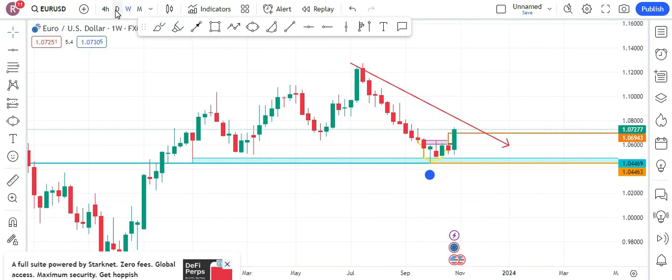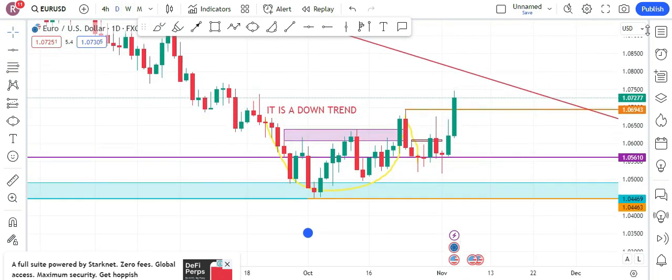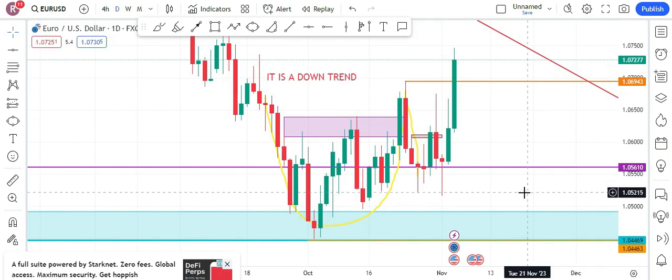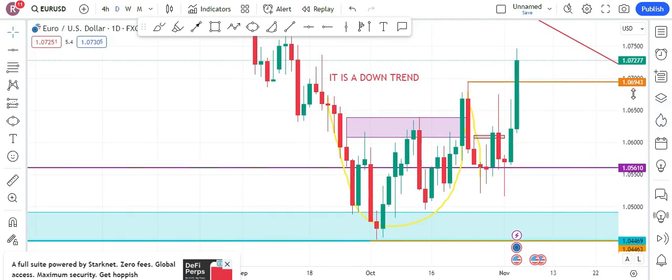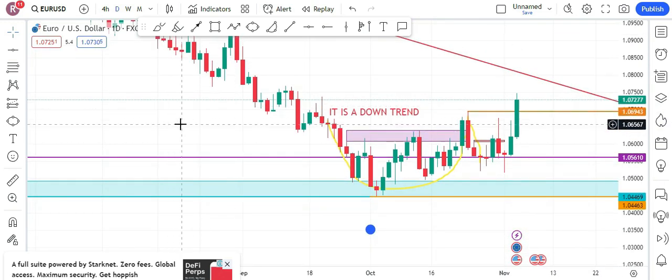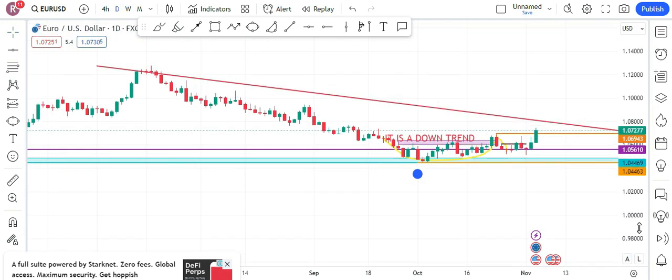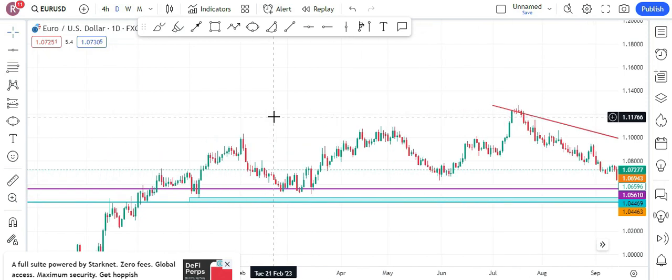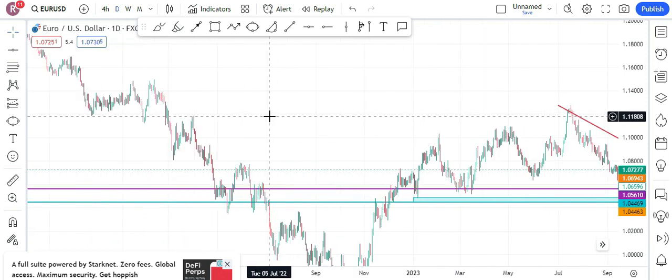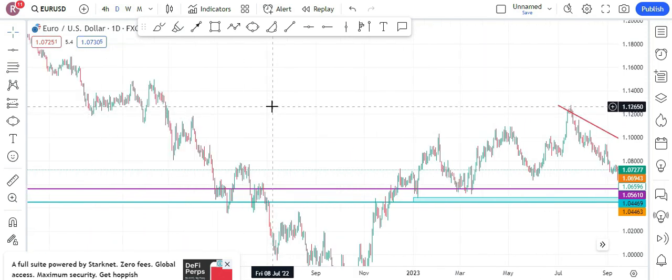Coming back to the day, in the day time frame now we have a lot of things going on. So first of all, we have to see very clearly what happened here. Can we find a double top in the day? Yes, we can. Here is the reason the double top formed. If we go to the month, there is no double top.